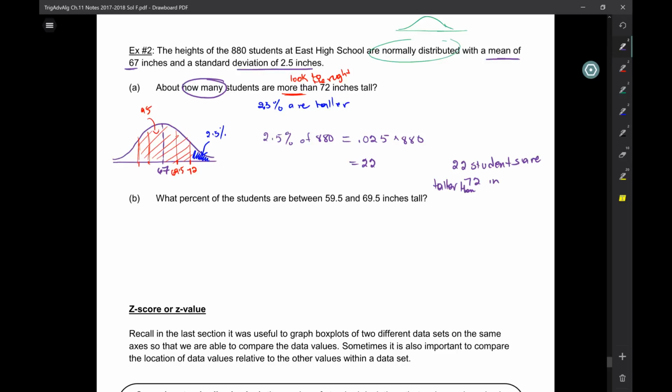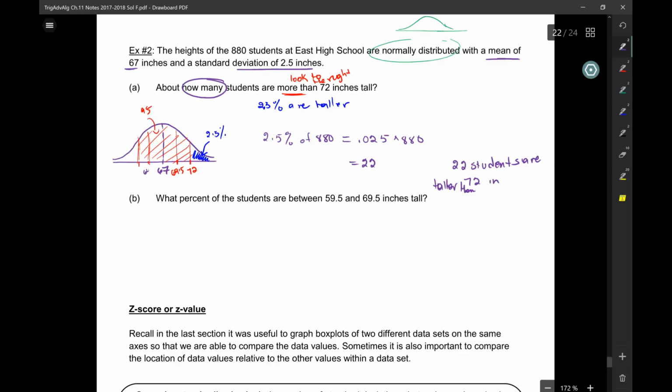So 59.5 and 69.5. All right, well, let's go lower here. If this was 67, and if I go 2.5 lower, that's 64.5. Oh, no, wait. Oh, yeah, sorry.